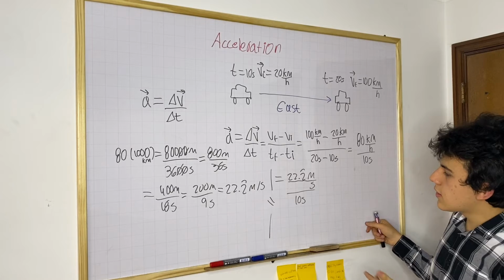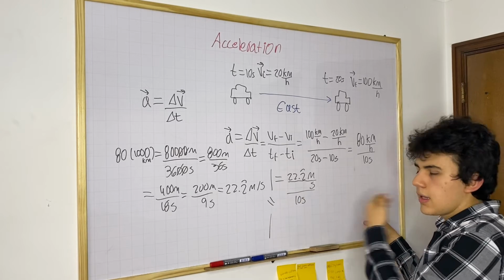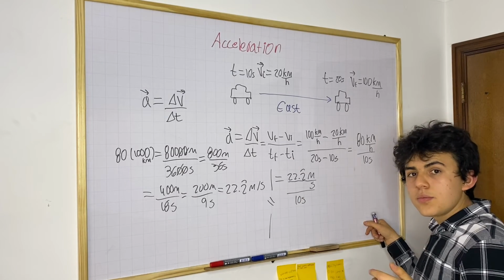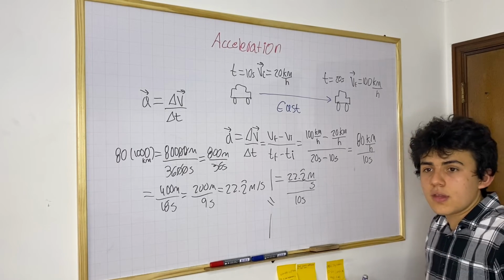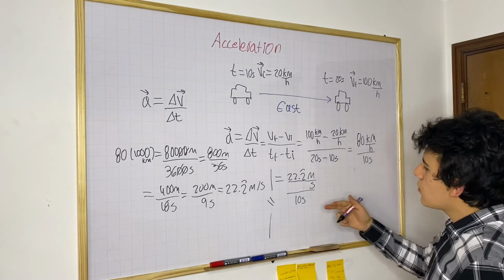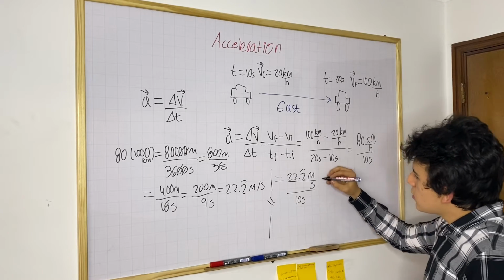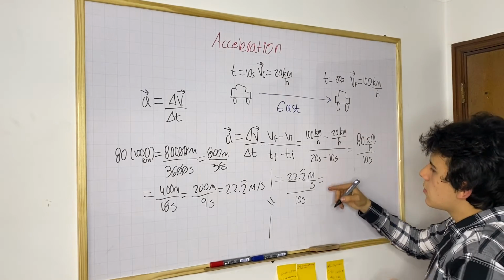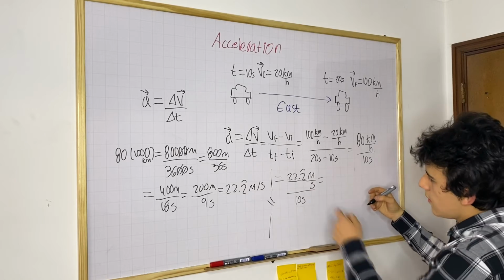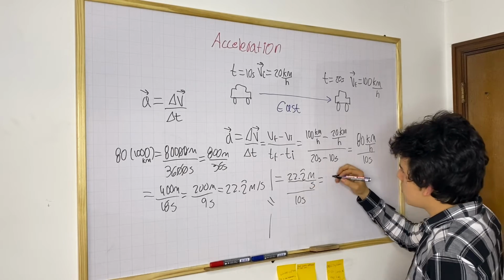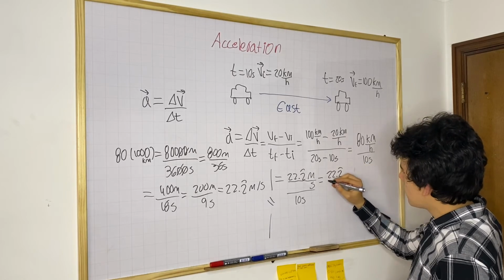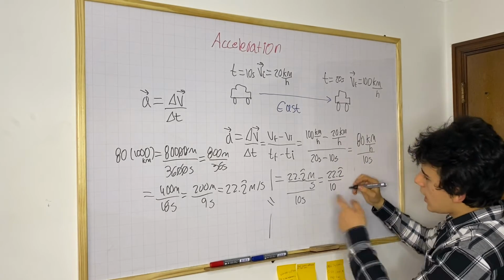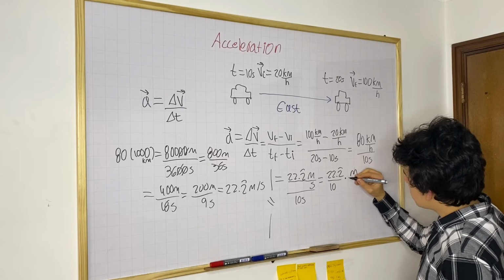Remember that when you're dividing a fraction by something else, you can multiply by the inverse of the divisor that you have. So in this case, we're going to multiply 10 seconds times 1 second and divide by 10 divided 22.2. So we would get 22.2 periodic divided by 10, and then we have meters per second.